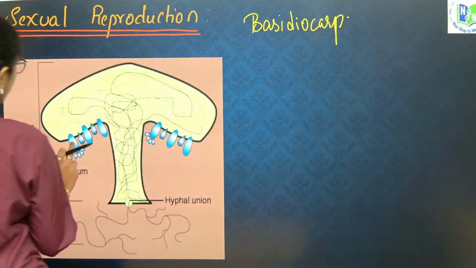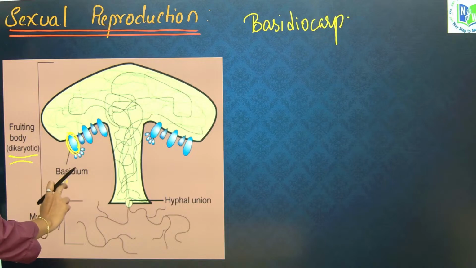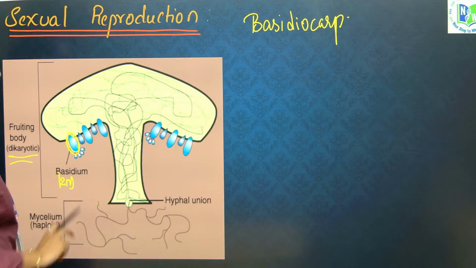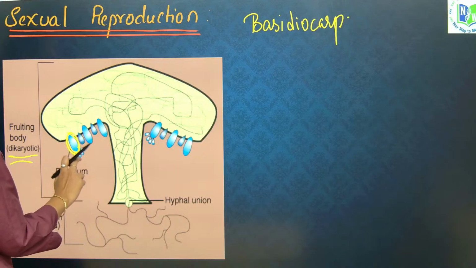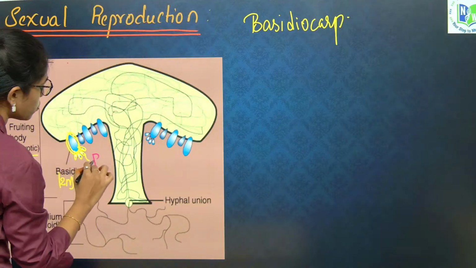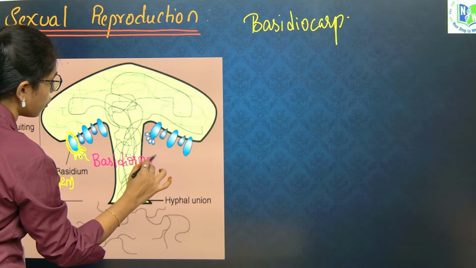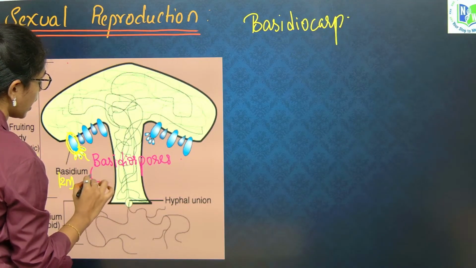Basidium is diploid and is the site of meiosis. After meiosis in the basidium, basidiospores are formed and released exogenously.